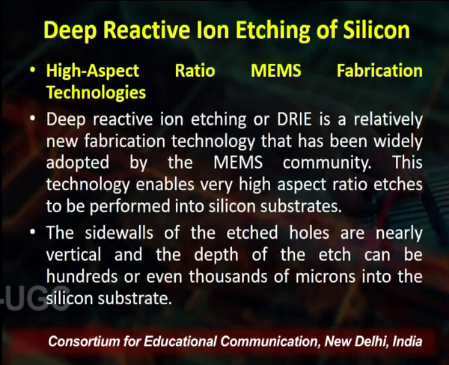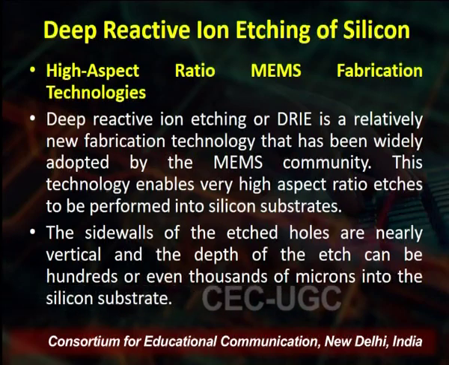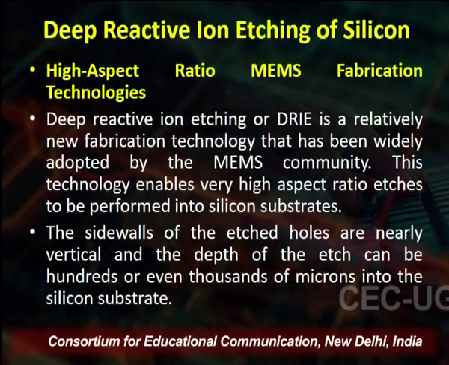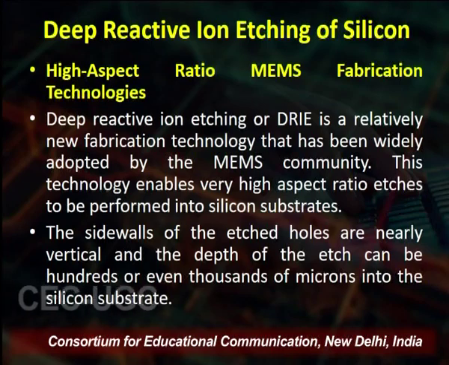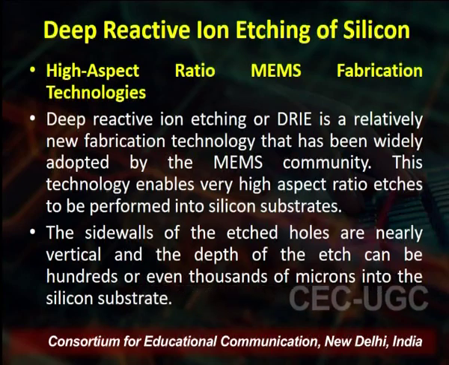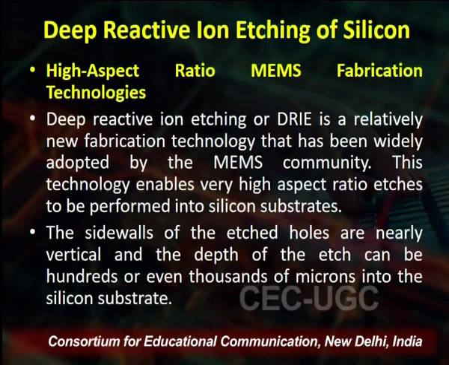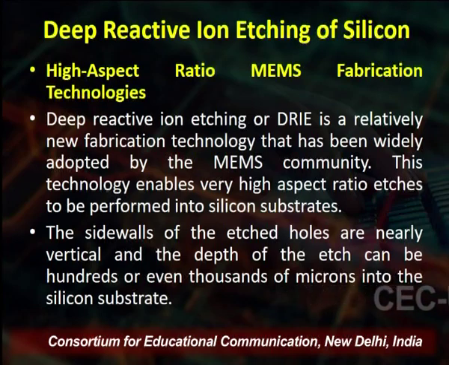The next technique is the deep reactive ion etching of silicon, and this is used for high aspect ratio MEMS fabrication technology. Deep reactive ion etching, or DRIE, is a relatively new fabrication technology that has been widely used for the preparation of MEMS, and this technology enables very high aspect ratio etches to be performed into silicon substrates.